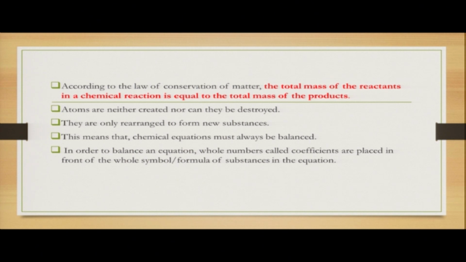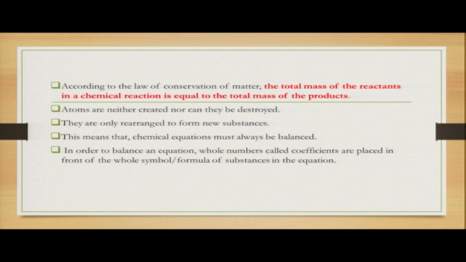That is very important. Atoms are neither created nor destroyed. So the atoms that you start with on one side of the reaction must be the same atoms that you have on the other side of the reaction.